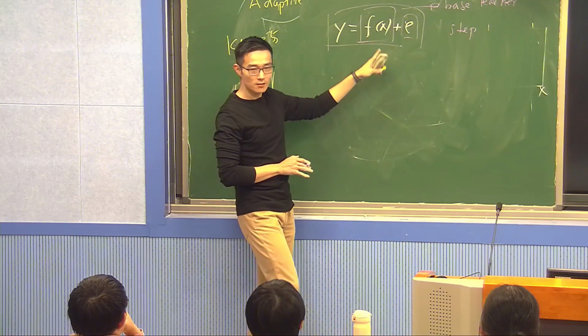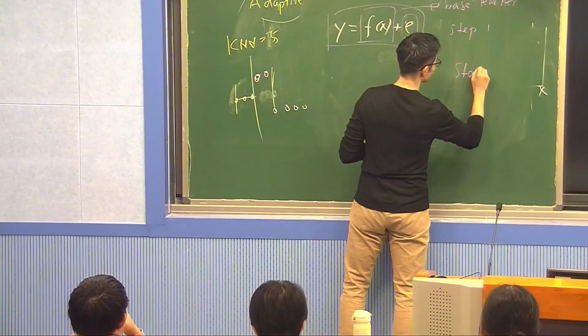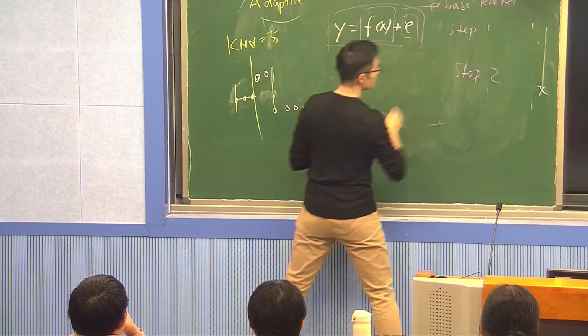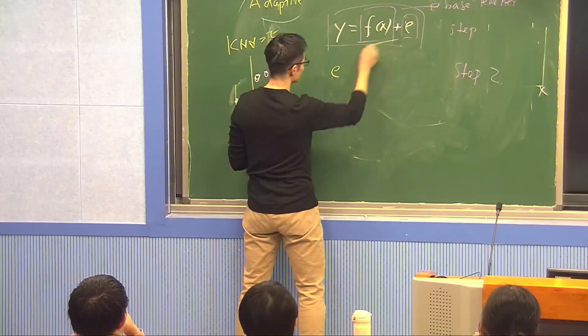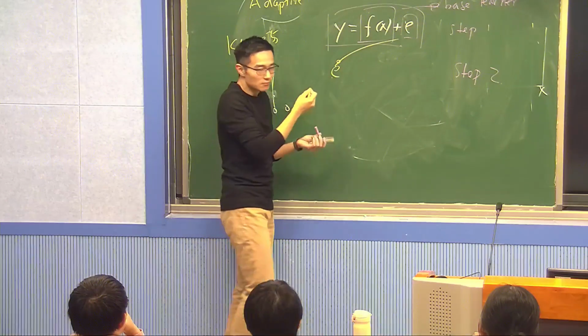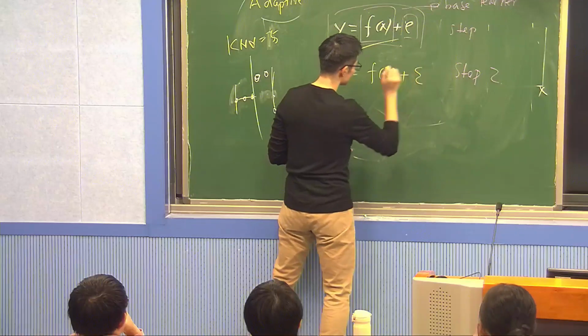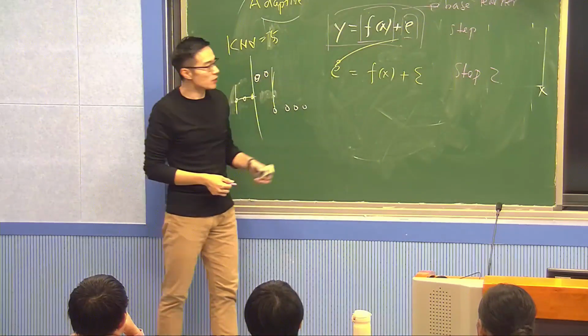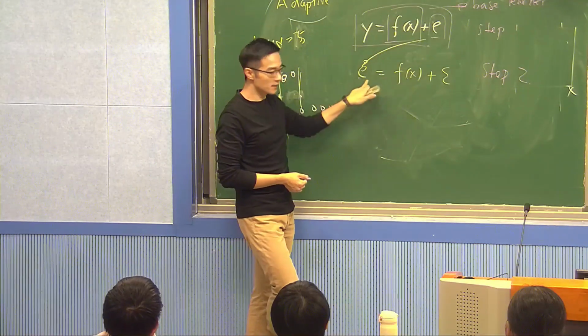So in the second stage, my step two is very simple. I'm going to put the e on this side, and let's fit the f(x) again. Let's redo it again. I will use my tree or whatever model I'm using to predict the e again.